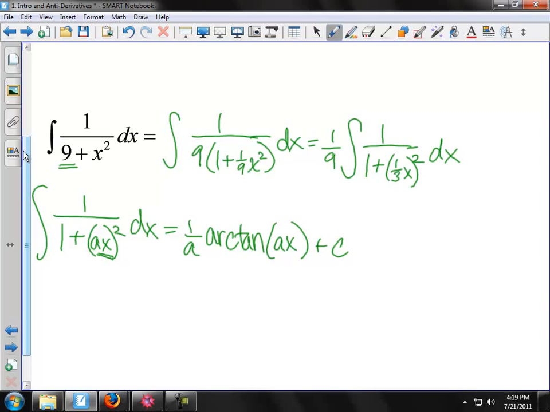And now applying this formula, the antiderivative is 1 over, here a is 1/3, right? So 1 over 1/3 arctan of 1/3 x plus c.